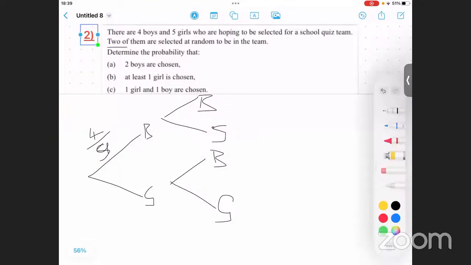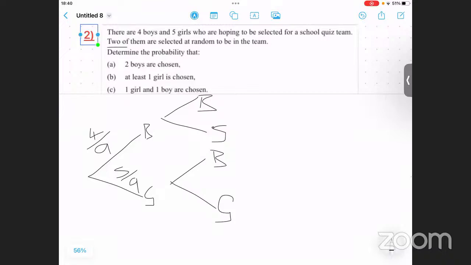I'm just gonna wipe these. Okay. 4/9. 4 for boys divided by the total number of learners who are hoping to be selected. So it's going to be 4 divided by 4 plus 5, which is 9. And then here I assume that you're going to say 5/9, right? Yes, ma'am. Okay, cool.